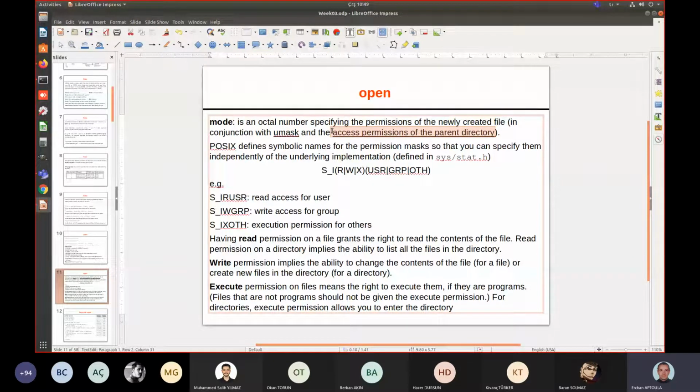All three of these come together to determine what the final permissions of that file are going to be. So you do not have the sole authority when deciding the permissions of a file that is going to be created. You make your request from the kernel, and the kernel takes into account both the UMask, the user level default permissions, and the access permissions of the directory where you are trying to create that file.